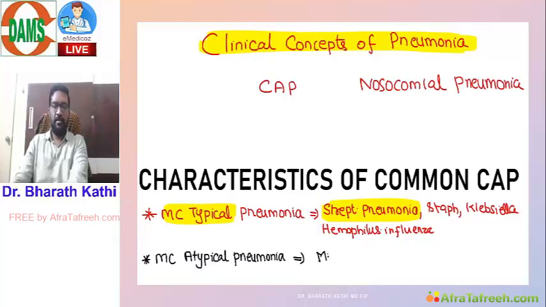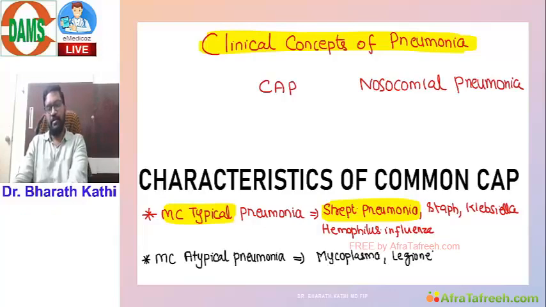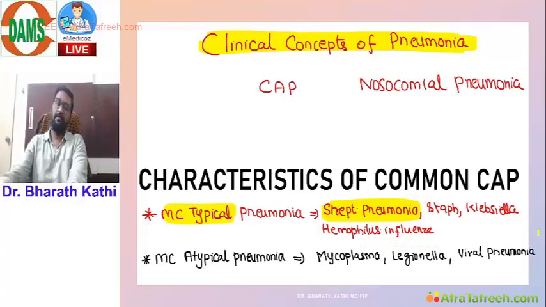What we come across most commonly is mycoplasma. We have Legionella and chlamydia, not that common in our setting, and a variety of viral pneumonias. Once again the same question, most common atypical pneumonia, the answer should be mycoplasma.